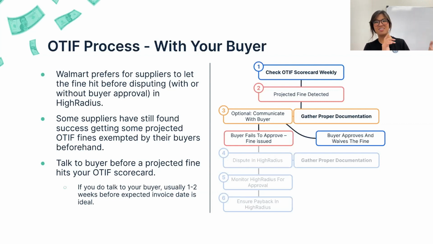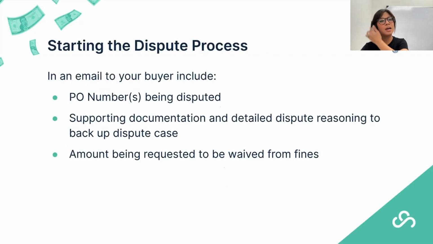Once that closes, probably at the end of this week, you'll have from the end of this week until the end of February, when the fines get invoiced, to talk to your buyer. So it is a bit of a challenge, because you have about 2 weeks to review all of the projected fines, research, gather proof documentation, start a conversation with your buyer, and then get your buyer to approve the waive in order for the fine to not get invoiced. So just so you're aware, that is the process now.